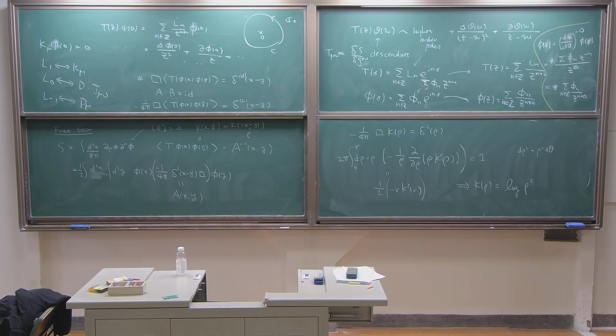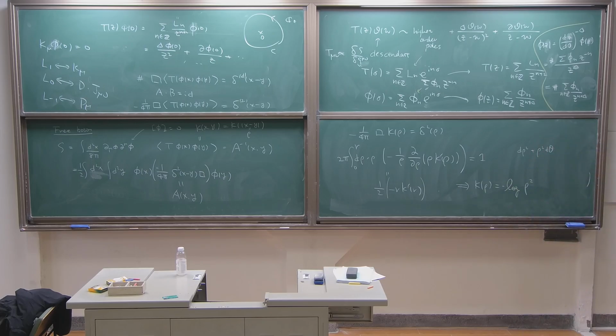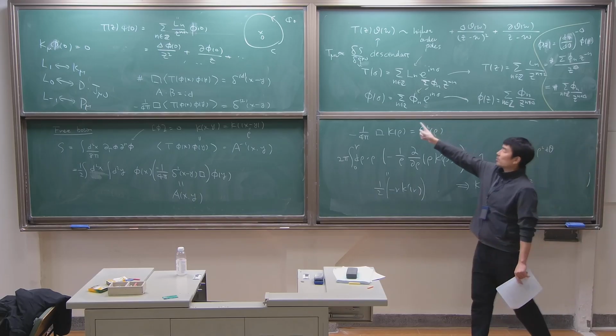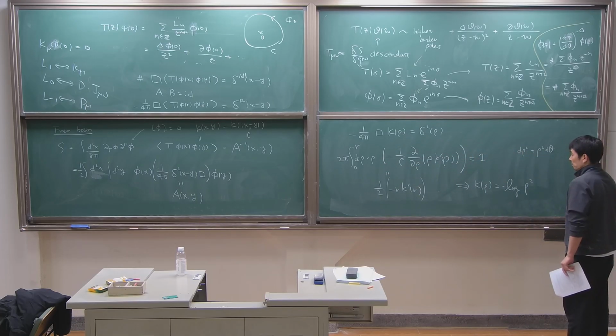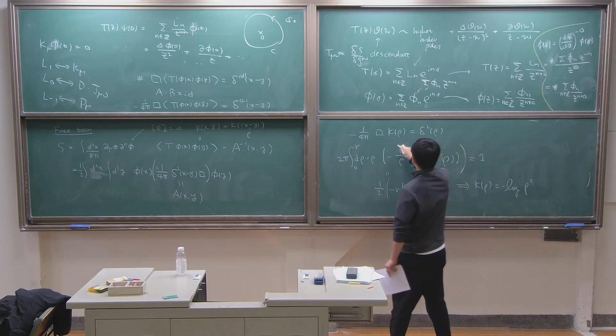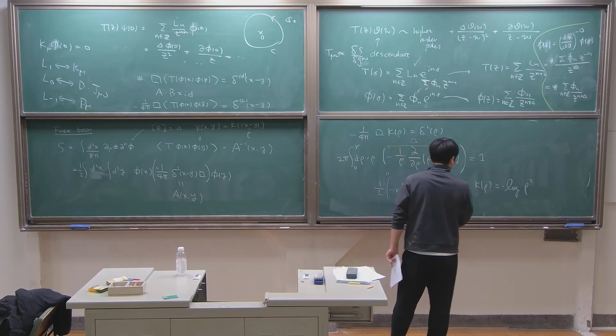Yeah, there's a minus sign here, sorry. If you solve this Klein-Gordon equation, the integral version of the Klein-Gordon equation, with the delta function, you get this one. So this part is the Laplacian on two dimensions.